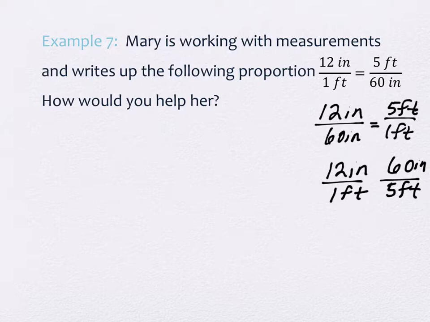Now, interestingly enough, each of the ratios themselves are fine, right? 12 inches and 1 foot, those are equal. 5 feet and 60 inches, those are equal. But the problem is that they're set up in reciprocal form from one another, correct? One of them is set up with the inches being compared to feet, and the other one is set up with the feet being compared to inches.